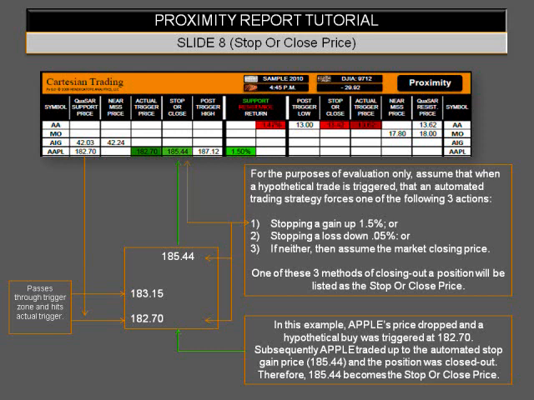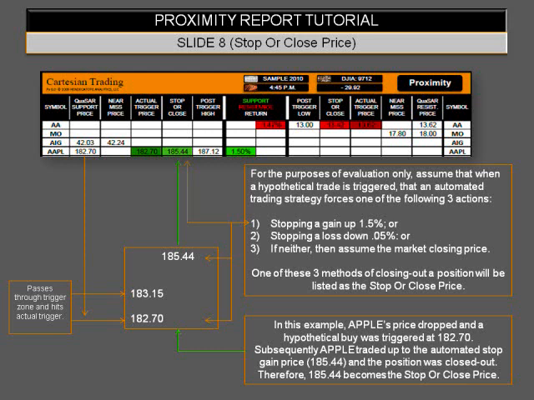If you want to understand all of the assumptions that Cartesian Trading uses with respect to their Quasar proximity report, just go to the website, hit the navigation button for proximity, and then move to the tab for assumptions, and you can read all of the assumptions that are listed there.